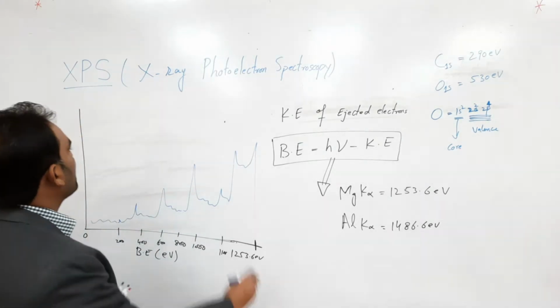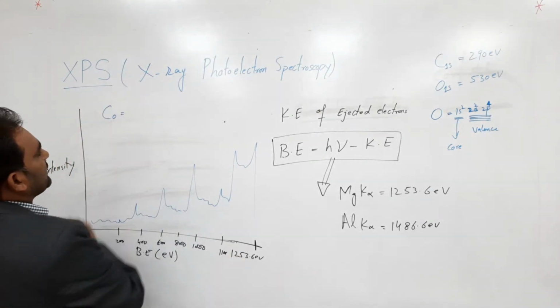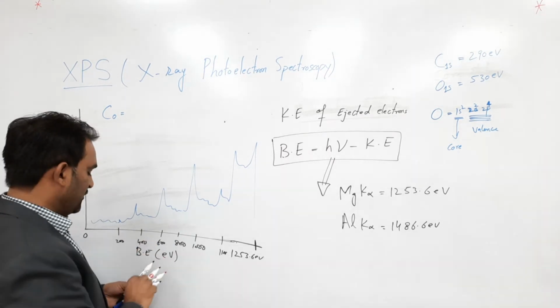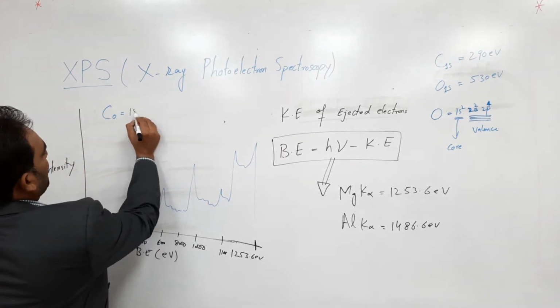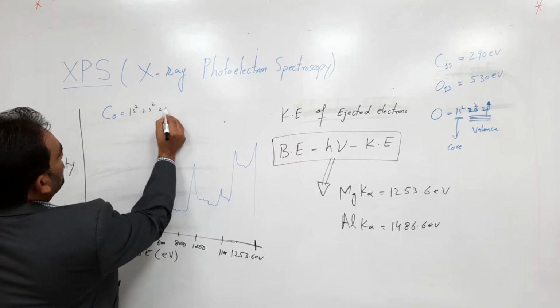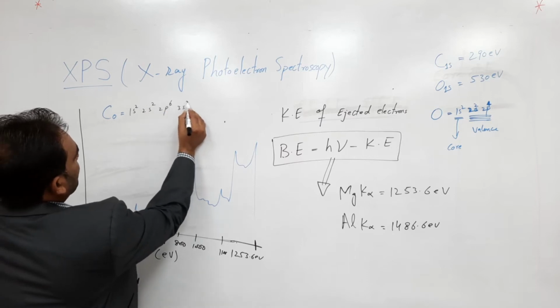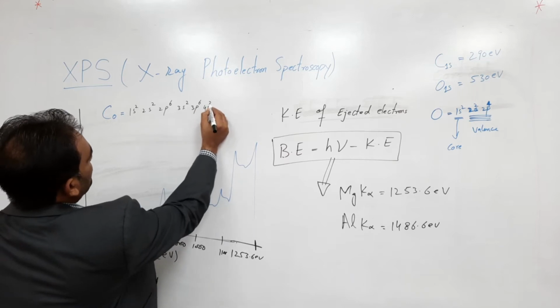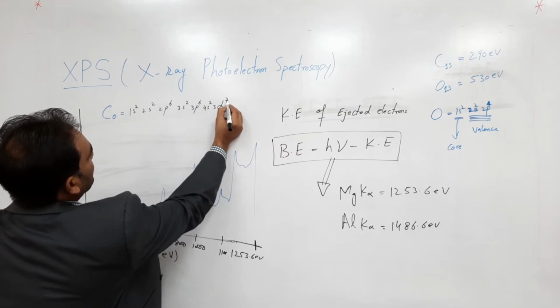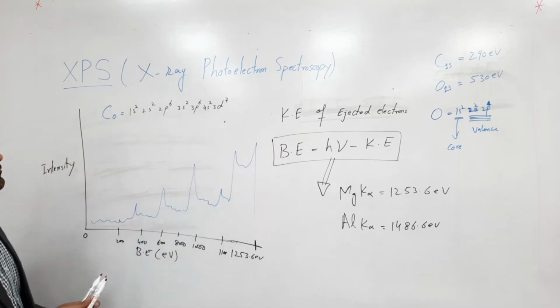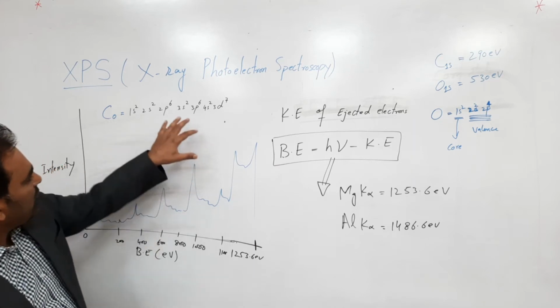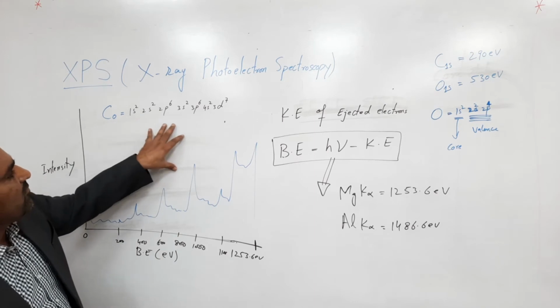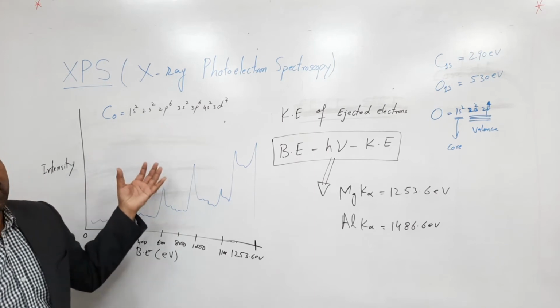Similarly, we have cobalt. It has 27 electrons, so its electronic configuration will be 1s2, 2s2, 2p6, 3s2, 3p6, 4s2, and 3d7. Okay. So now you can easily find valence electrons and core electrons.